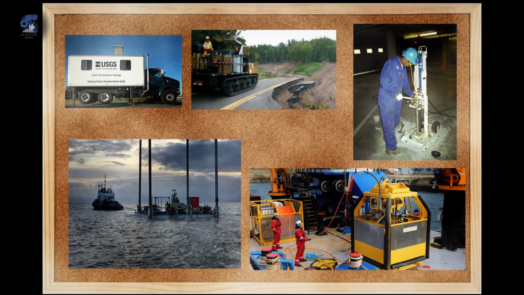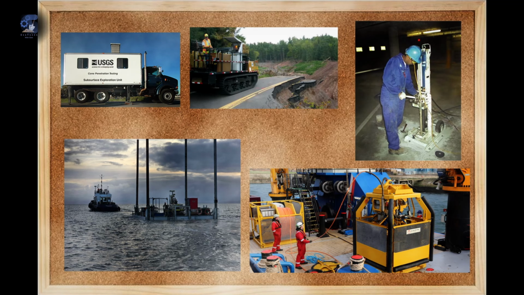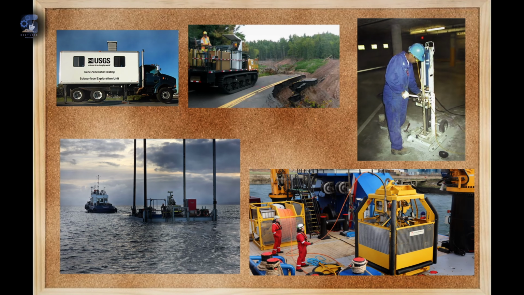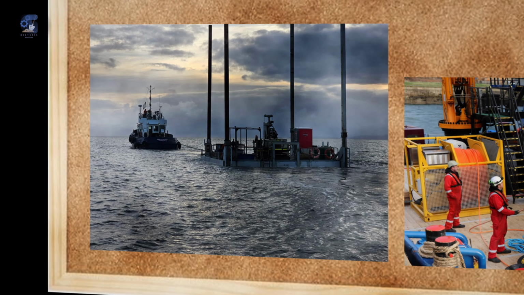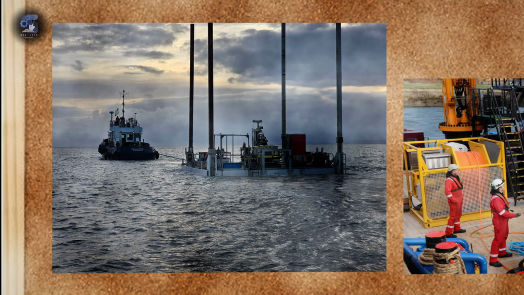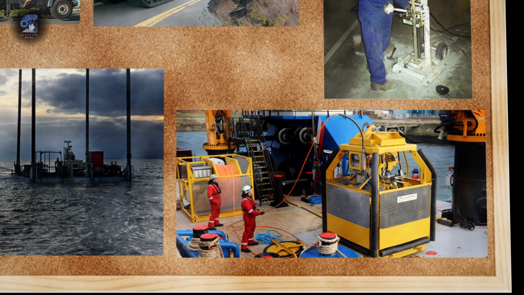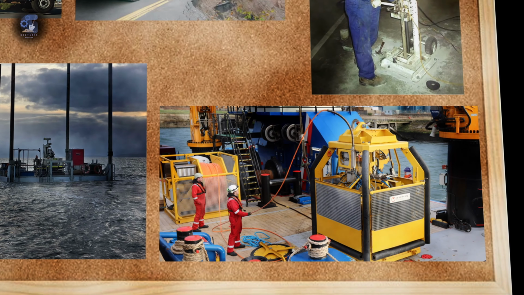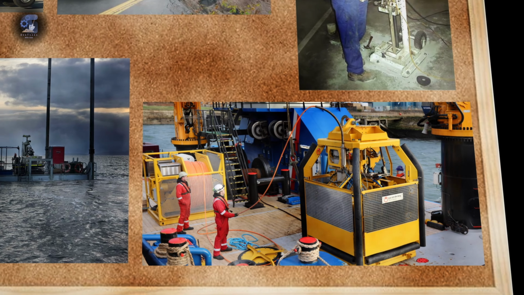Over water, there are a variety of delivery systems depending on the depth of water. Floating or jacked up barges are common in shallow waters, whereas specially designed underwater CPT delivery systems are placed on the seafloor in deep waters.